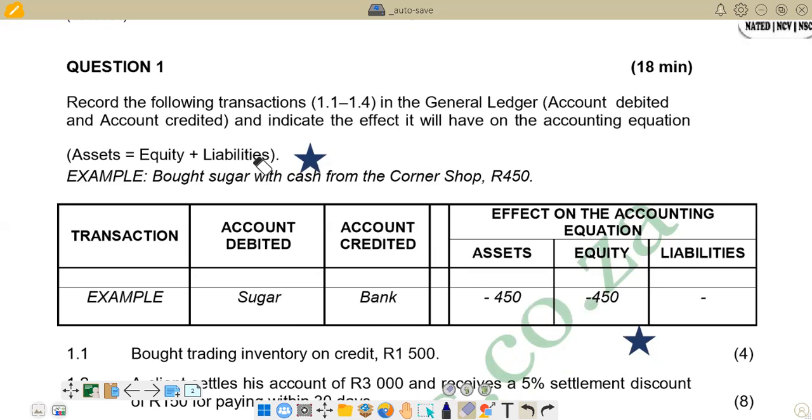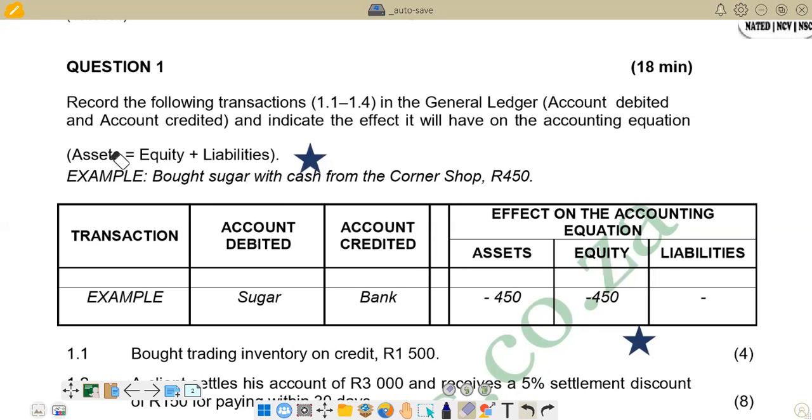But basically, let's start by understanding this accounting equation. First of all, we are going to put down the double entry and see which account is going to be debited and which account is going to be credited. Then we see where this double entry is affecting assets, equity, and liabilities.